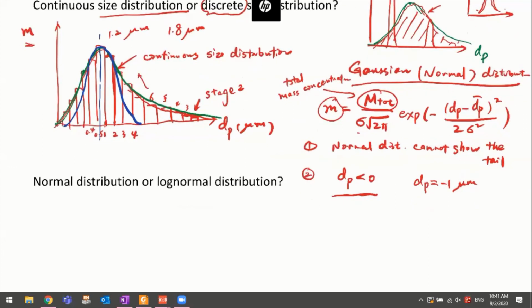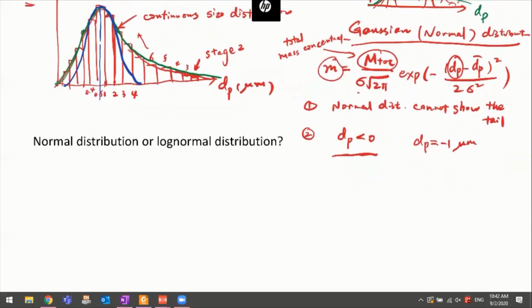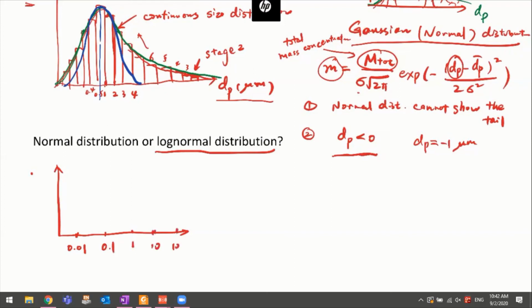So that's why people try to modify this equation. Why don't we just put a constraint on the particle size that we put in as a parameter here? So what they do is they come up with a distribution that's called the log normal distribution. Instead of showing the particle size in the linear scale, they decided to show the particle size in the log normal scale. Okay.